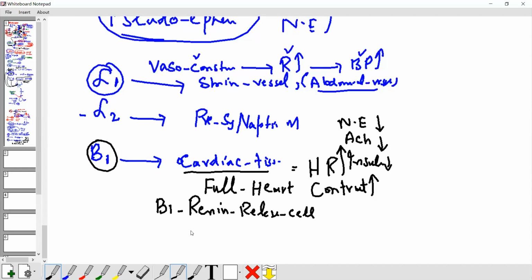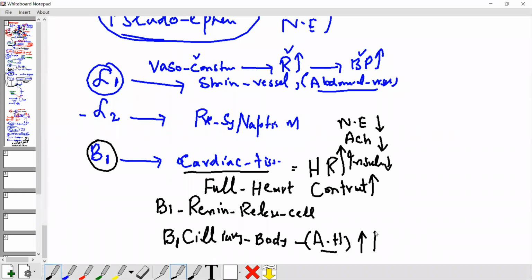Beta 1 is present on the ciliary body. What is the location of the ciliary body? This comes in the eye. What is the ciliary body doing? Production of aqueous humor. So beta 1 produces aqueous humor.